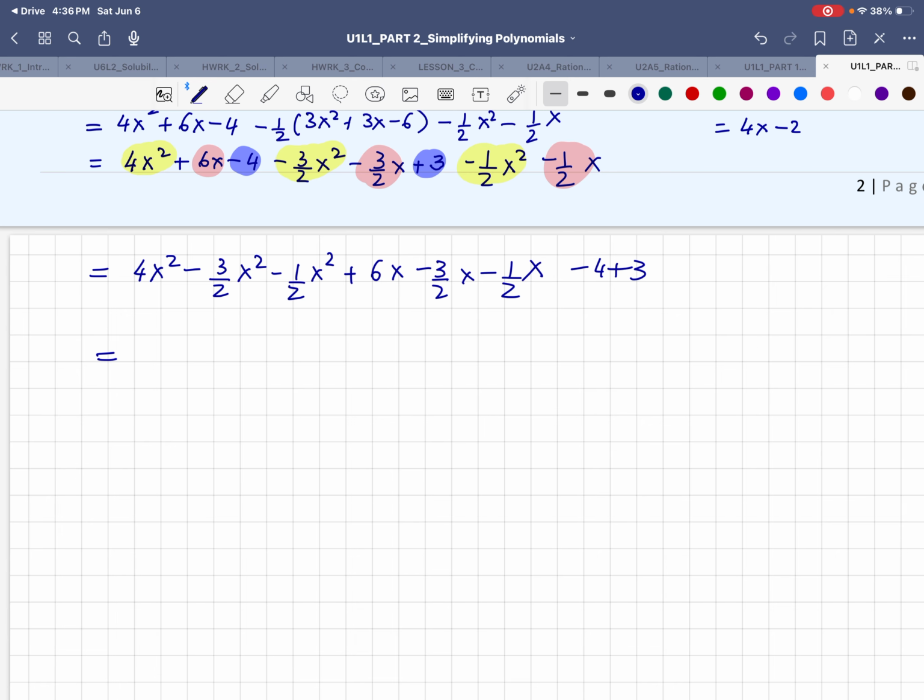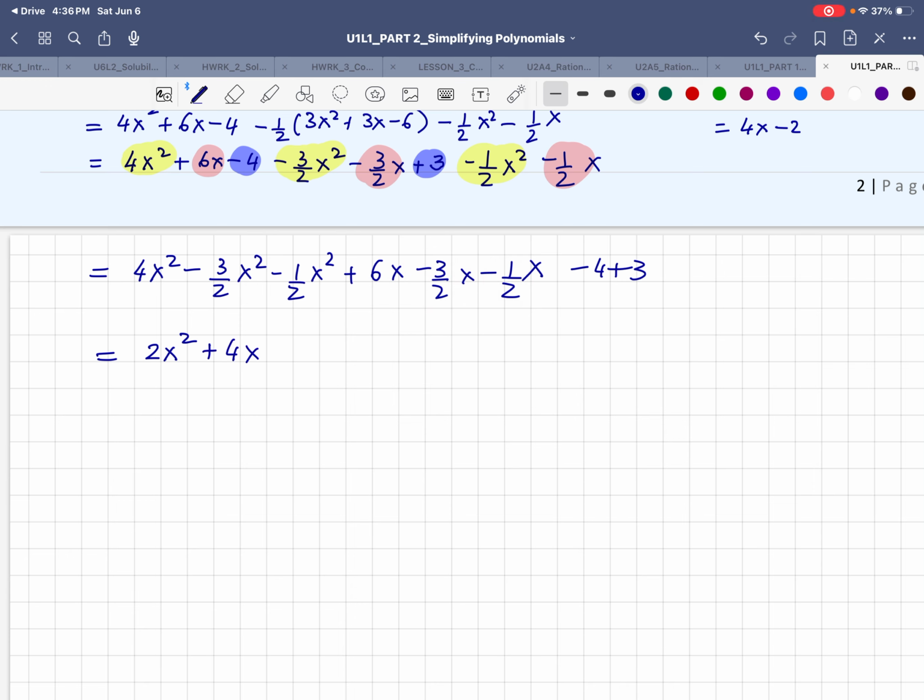So let's take a look at this. So we have 4 minus 1.5 minus 1/2. That will make 2x squared. Now 6 minus 1.5 minus half, that will make 4x.